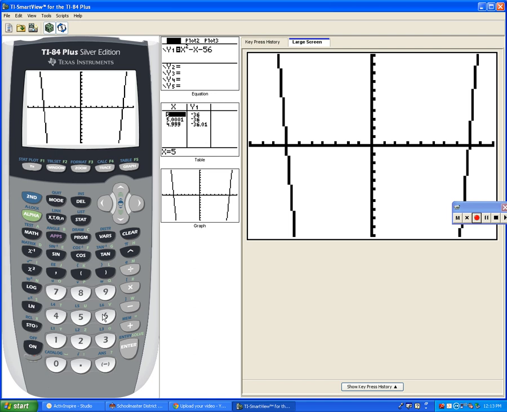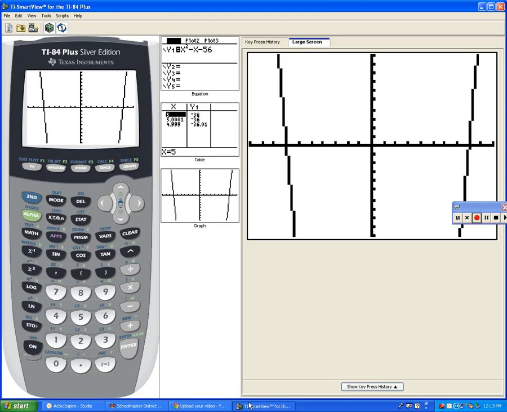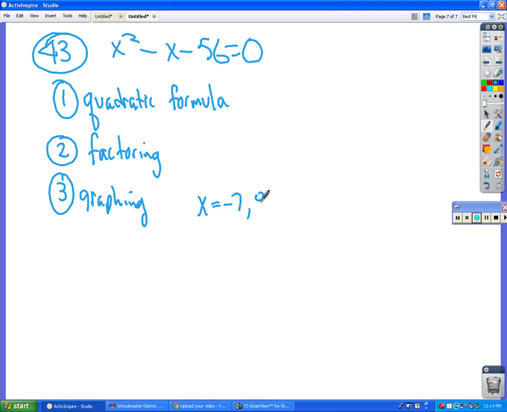And then all I have to do is count over to where it's crossing, which would be 1, 2, 3, 4, 5, 6, 7. So one of my answers is -7. And then the other one is where it crosses over here: 1, 2, 3, 4, 5, 6, 7, 8. So my other answer is 8.